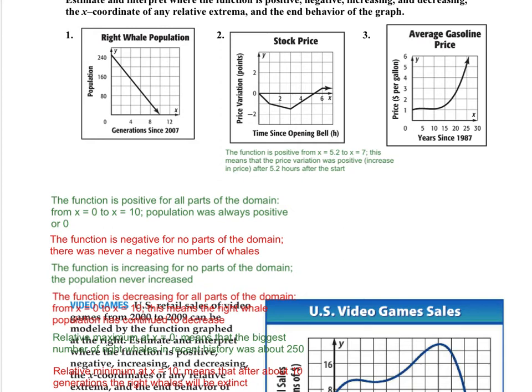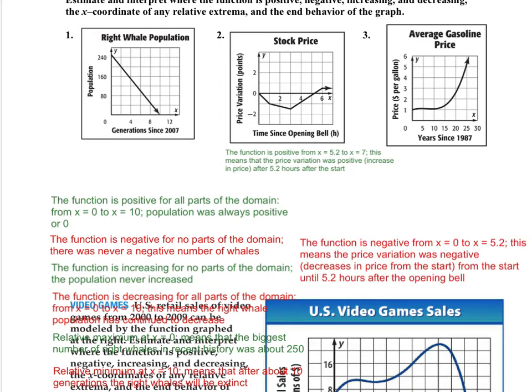Then the graph was negative between 0 and 5.2. So we would say the function is negative from x equals 0 to x equals 5.2, and this means that the price variation was negative, so that means decreases in price from the start until 5.2 hours after the opening bell.